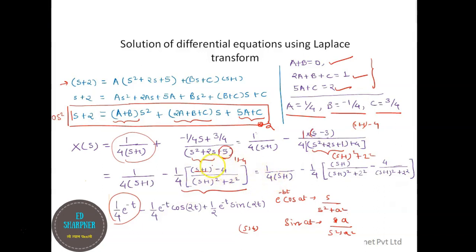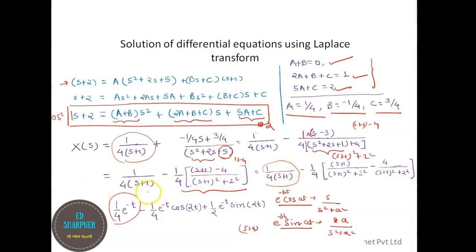Now we can separate s plus 1 upon the denominator minus 4 upon this denominator to get two different terms like this. This is the first term and this is the second term now. So you have s plus 1 upon s plus 1 square plus 2 square, and minus 4 divided by s plus 1 square plus 2 square. The inverse Laplace now can be taken.